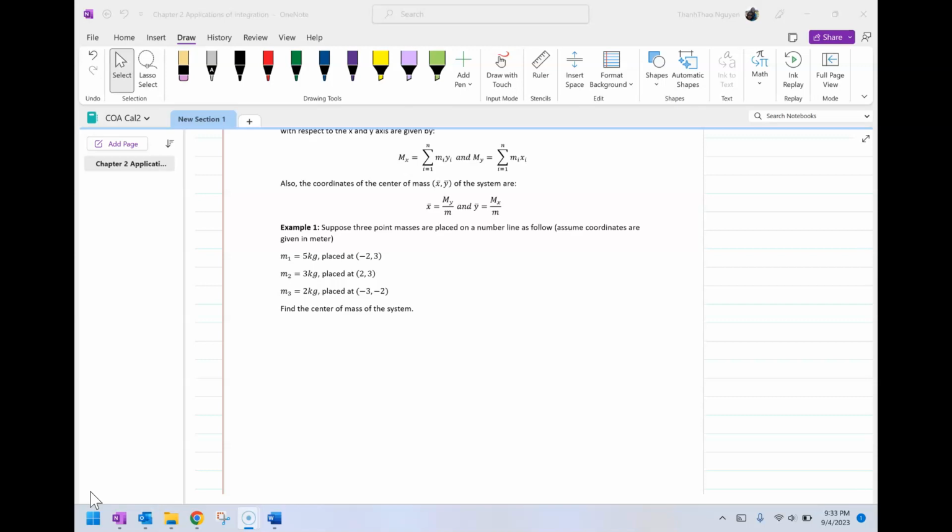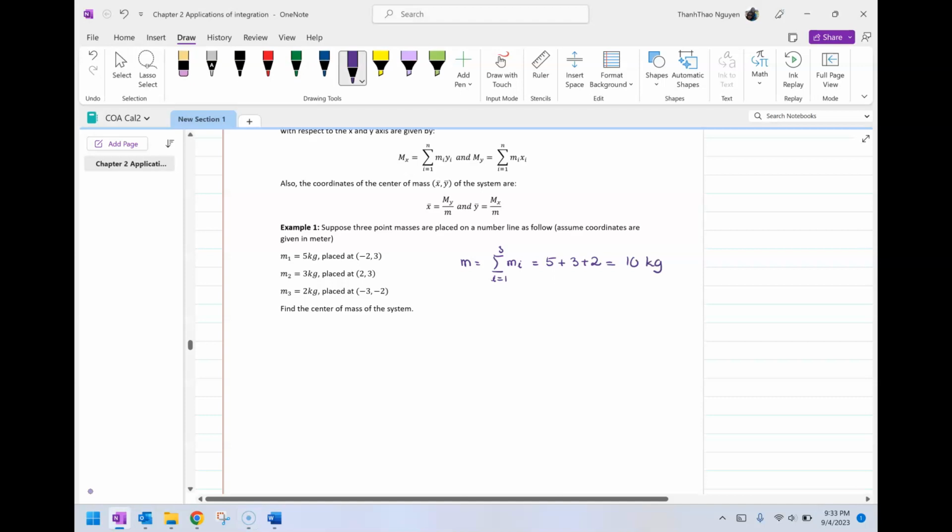First, we will find the total mass of the system. The total mass m equals the sum from i equal 1 to 3 of m sub i, that is 5 plus 3 plus 2, making 10 kilograms.